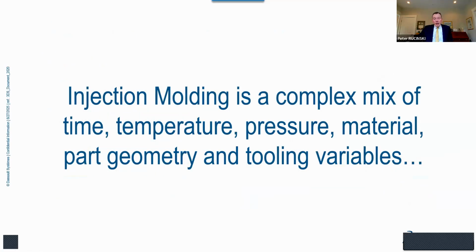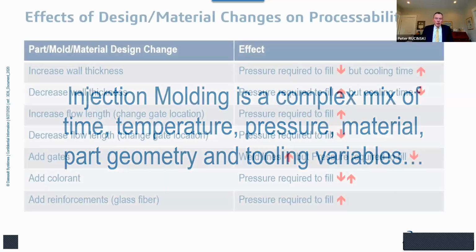It may sound all kind of simple, but when we start to add all of this up, the reason why injection molding simulation software has had a viable market for better part of 40 years now is that injection molding is a complex mix of time, temperature, pressure, material, part geometry, and tooling variables.